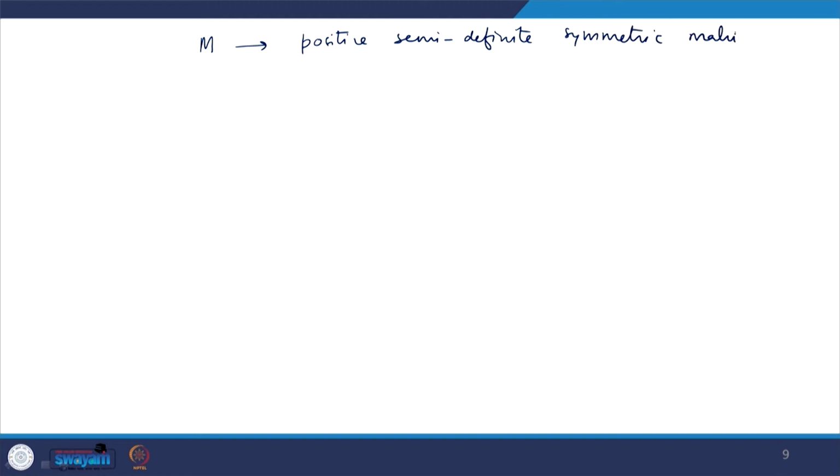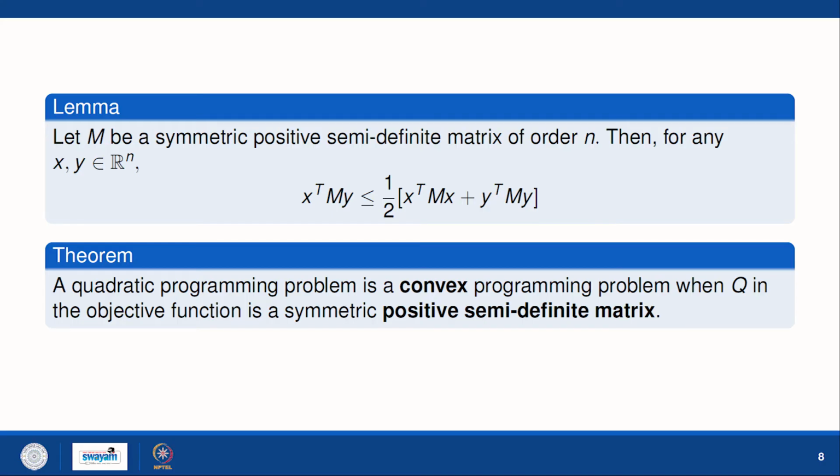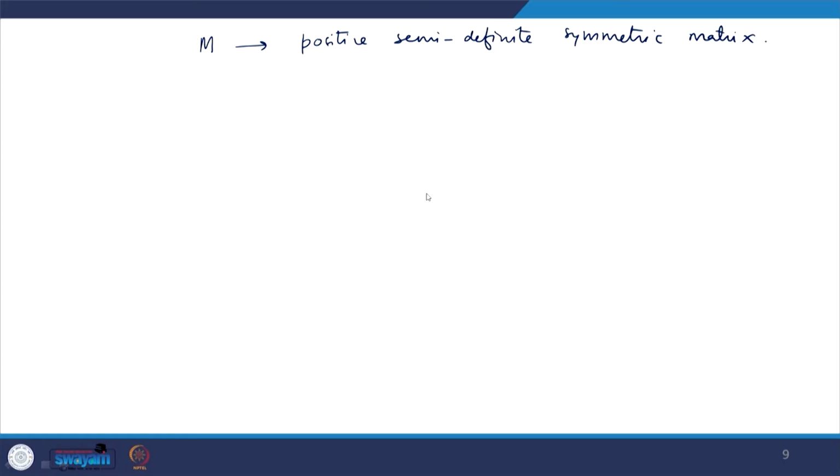We have to show that x transpose M y, for any x, y in R n, is always less than or equal to 1 by 2 times x transpose M x plus y transpose M y.